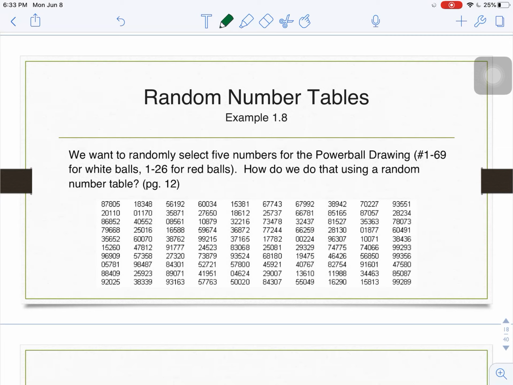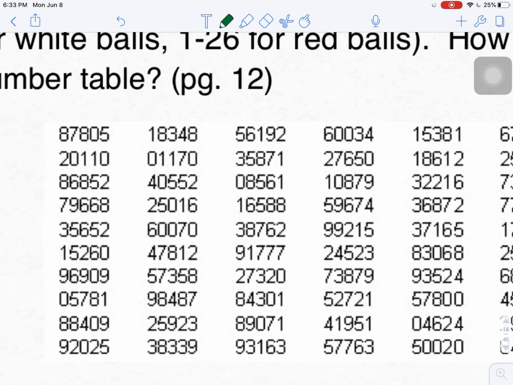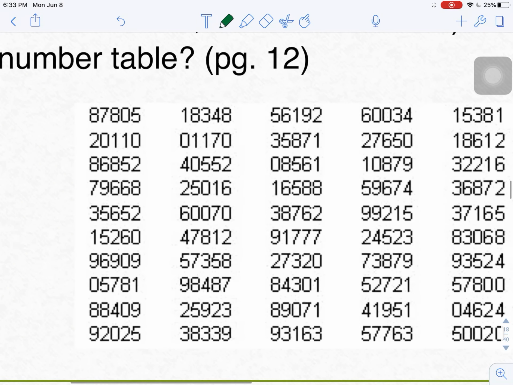For the random numbers table, I am going to talk about that. That is going to be in table 1 of your appendix. For some of you, you might have the insert at the front of your textbook, but I can tell you that in the appendix in the back of the book is going to be table 1. This is important because I'm going to zoom in here.